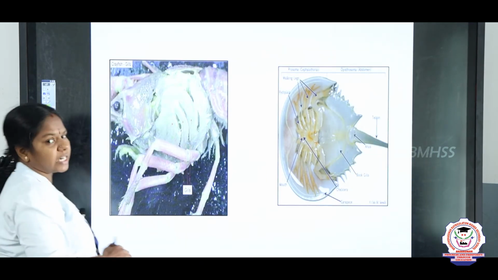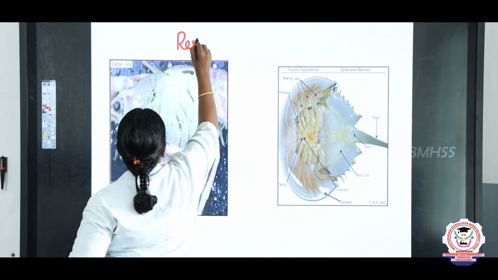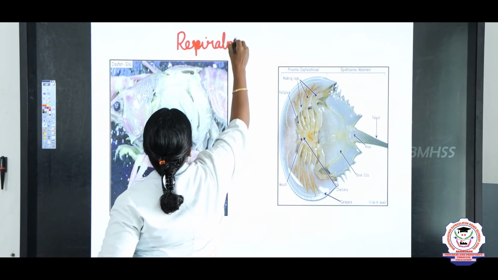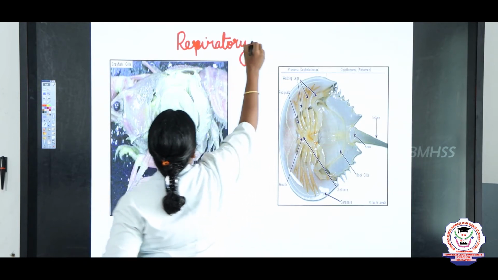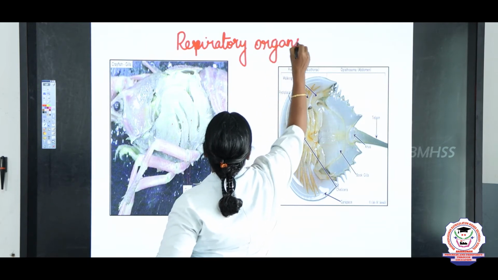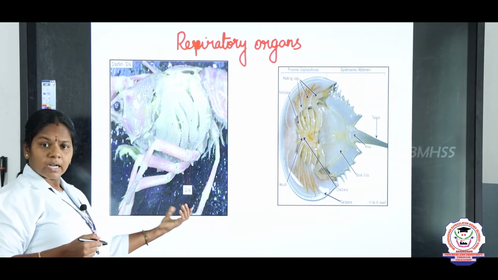And now we are going to study about the respiratory organs. The various respiratory organs are, just look into this, children. It is gills.